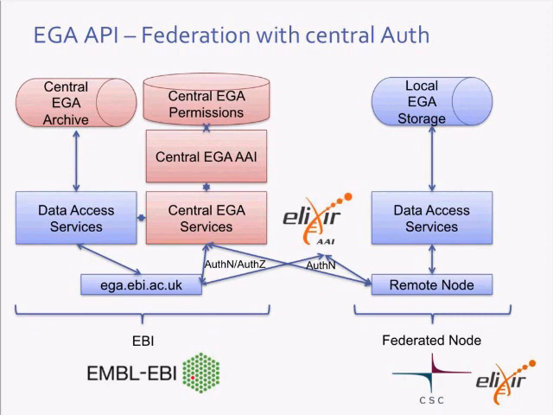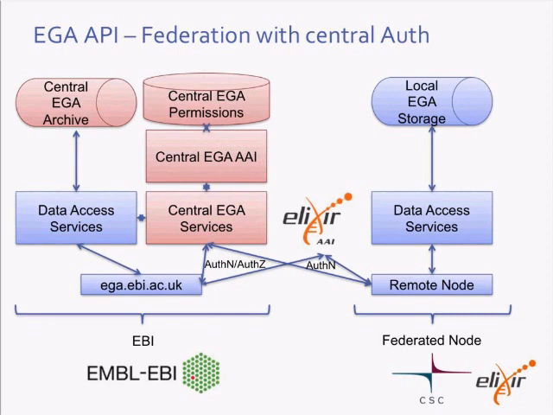So getting a bit more specific about what we have implemented in the first instance between EMBL-EBI and CSC. This is just a schematic of the API that is deployed in both locations. At EMBL-EBI, the entire API that I explained is in the blue box. It attaches to the central EGA archive, and it gets permissions and authorization information from the central EGA AAI service.